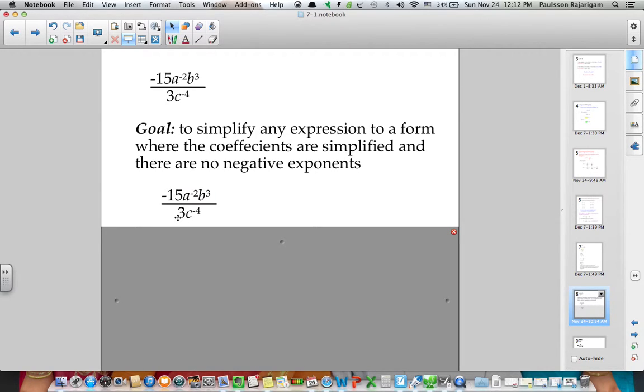Let's see. So I'm going to look at the coefficients, and negative 15 and 3 simplify to give me negative 5, which is somewhere here. Okay, I can't find it, so I'm going to write it in.